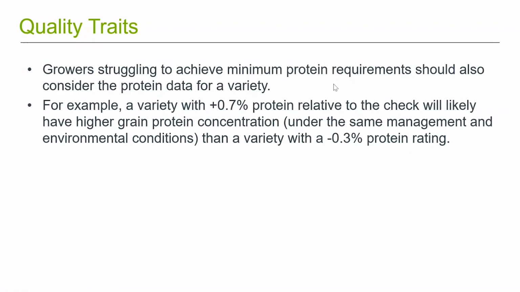So if a variety has plus 0.7 protein relative to the check, it will likely have a higher protein concentration than a variety with a minus 0.3% protein rating. And again, this is assuming the same nitrogen fertility management and the same environment, because those factors play huge havoc with protein. But if you can select a variety that has a better chance of achieving high protein, if that's something you're struggling with, then this is a column of data you should look at.